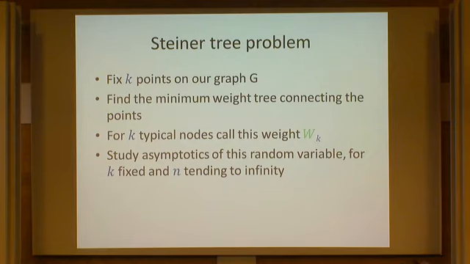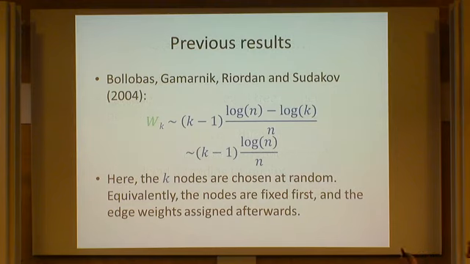But also we look at the, okay, so first let me tell you about some prior work on this. So this problem was studied by Bollobás et al. And what they showed is that, if you look at the weight of this random tree, the sum of the weights of all the edges on the tree, then it scales as follows.